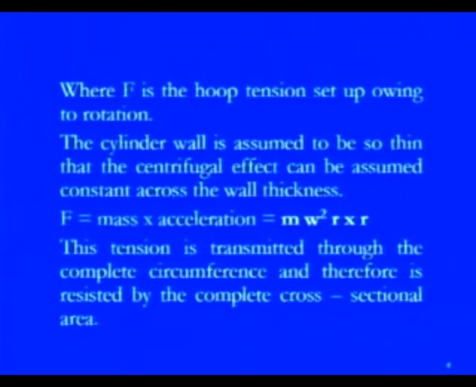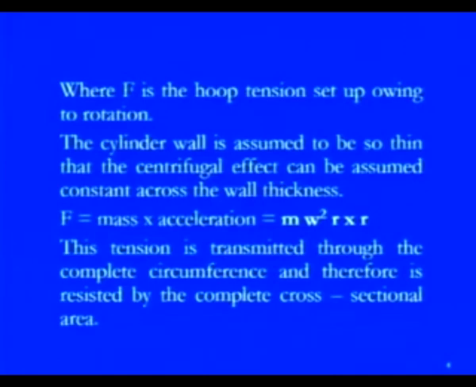rotation. Under the application of this internal pressure, we always have tensile hoop forces, and this tension is transmitted through the complete circumference, because we are assuming that the circumferential effect is uniform all across the wall thickness. So obviously the transmission of these tensile forces is also uniformly distributed.